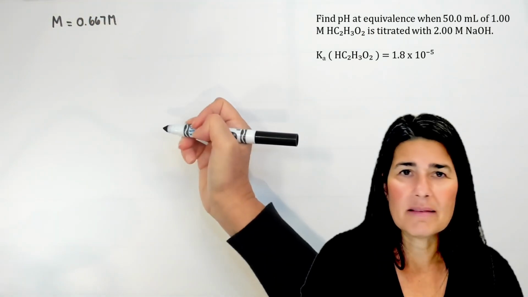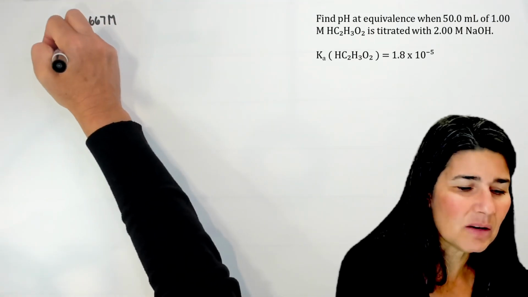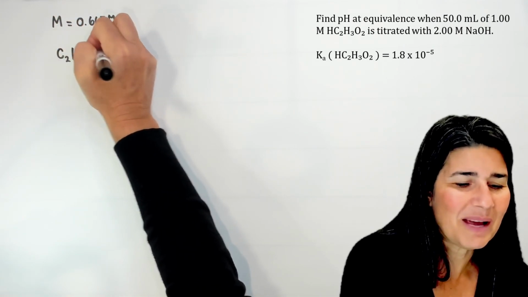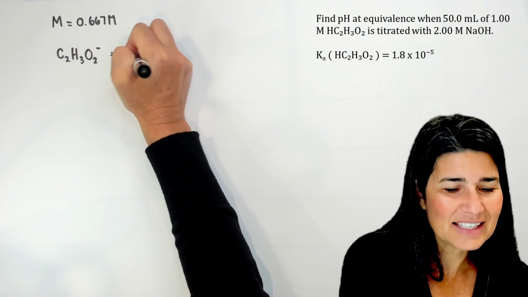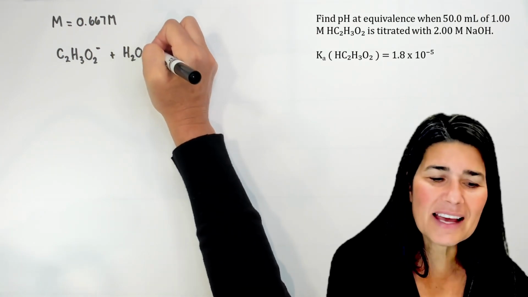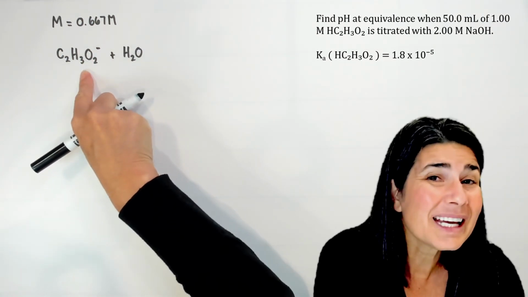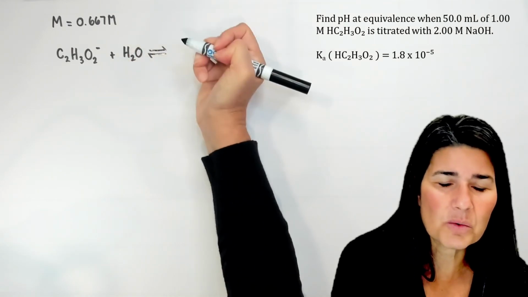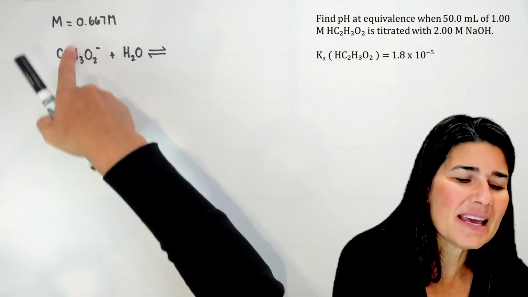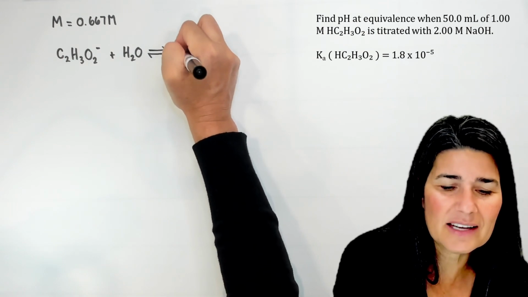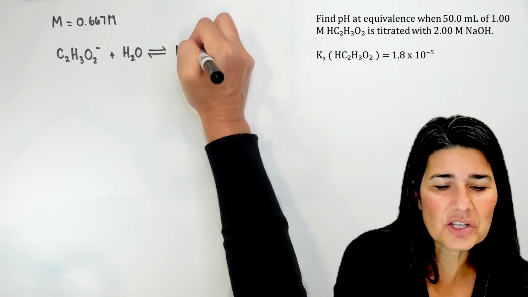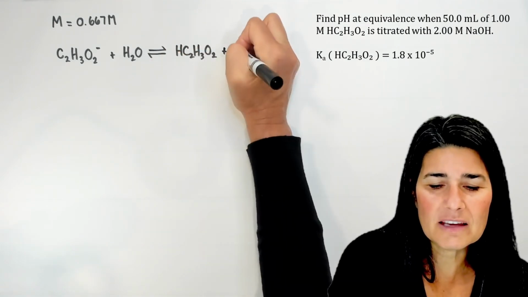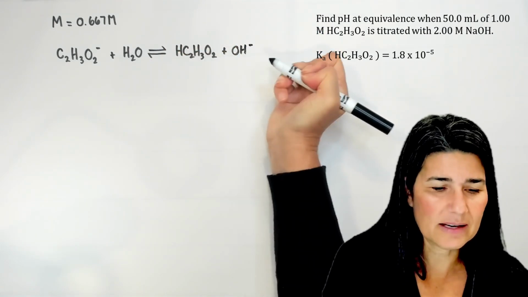All right, again, let's take that base, put it in water. C2H3O2 minus. We're going to add that to some water. Now we're making an ice table. This is only a weak base, so let's use those equilibrium arrows. My base accepts a proton to make HC2H3O2, and we're going to leave behind some hydroxide.